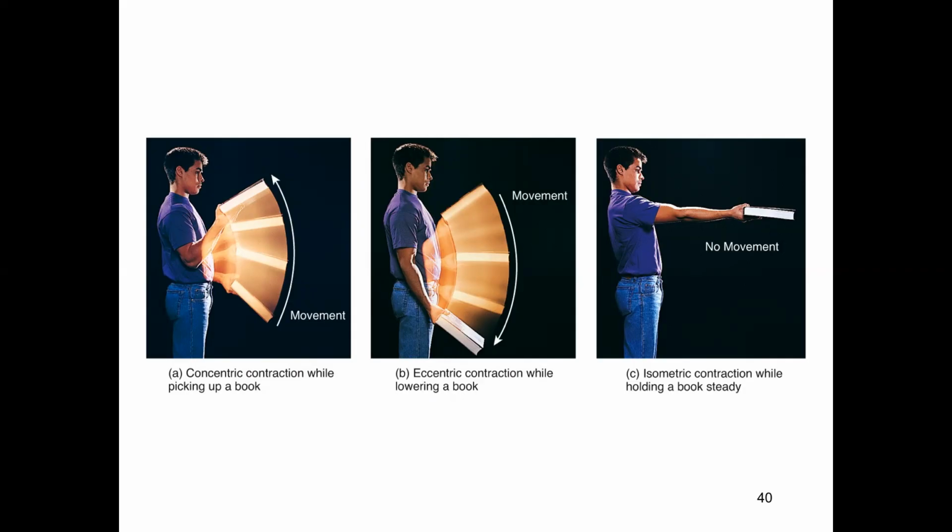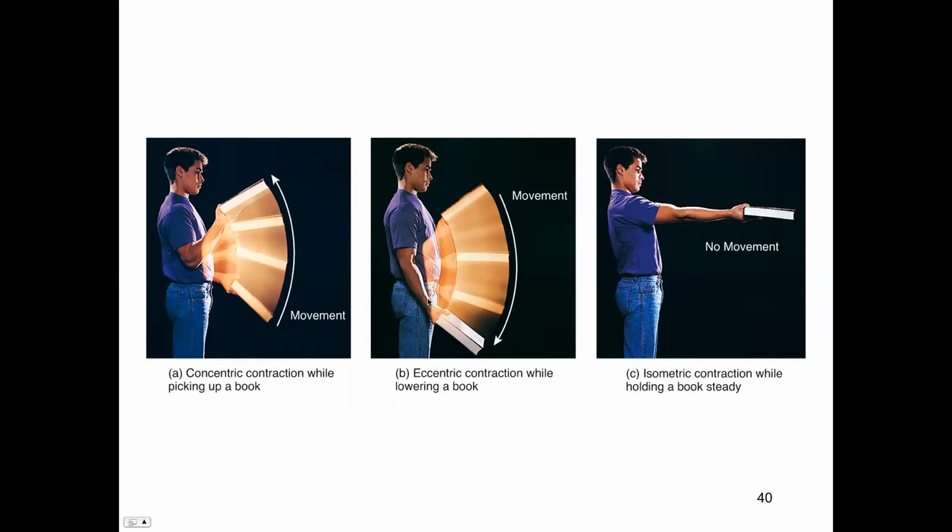Then you can have isotonic contractions, right? So there's isotonic, which can be concentric or eccentric, all right? So if they're concentric, what you have is a situation where your muscle is shortening as it maintains tension. So that would be like a flexion.